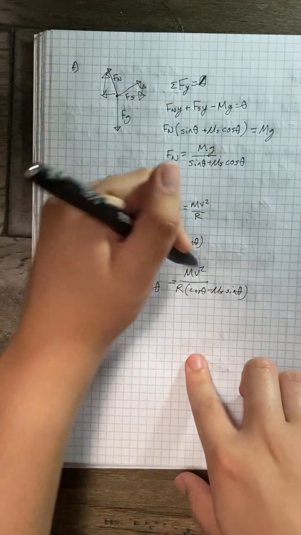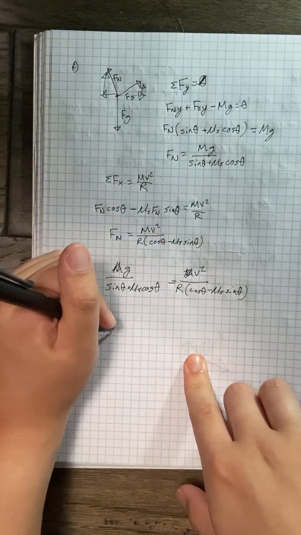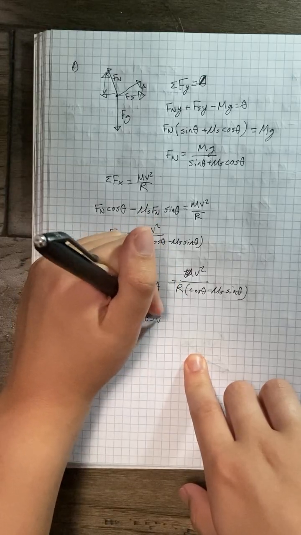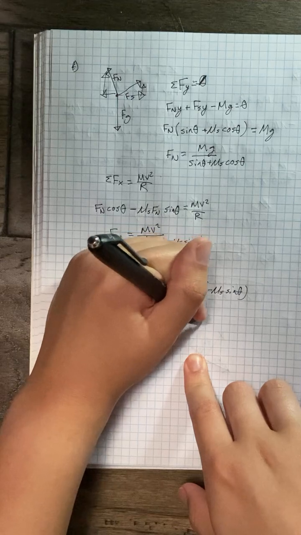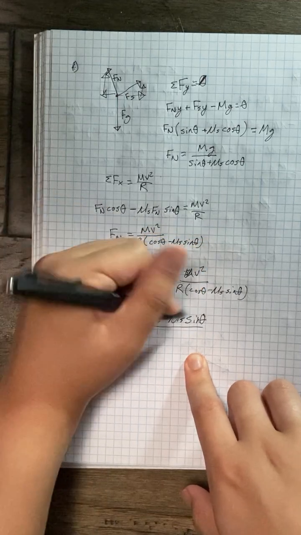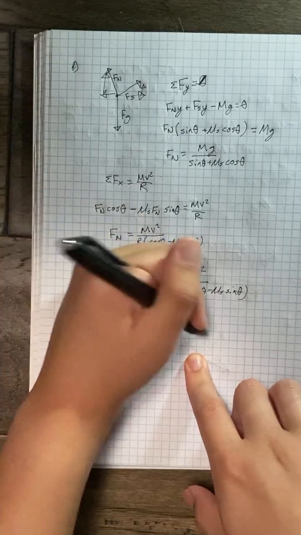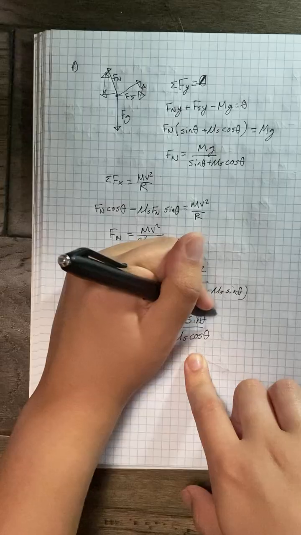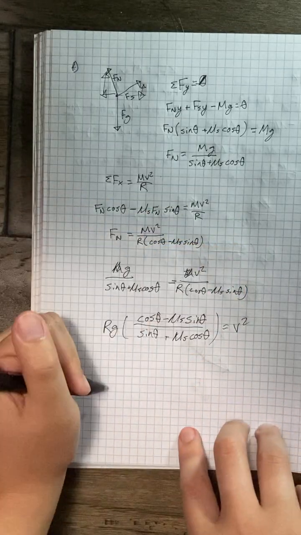Cancel out the m's and isolate for v squared. We get rg times cosine theta minus mu s sine theta all over sine theta plus mu s cosine theta equals v squared.